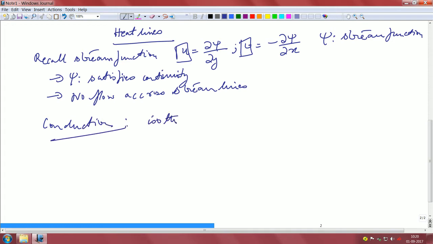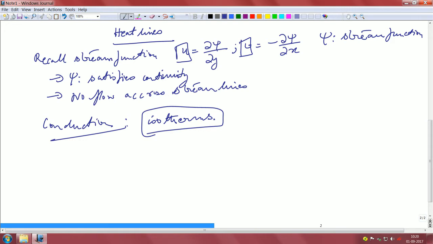The heat flow is always locally perpendicular to the isotherms, but that is for the no flow condition. The isotherms are an effective way of representing the heat flux or the temperatures so long as there is no flow. But when there is flow, the isotherms no longer represent the same.